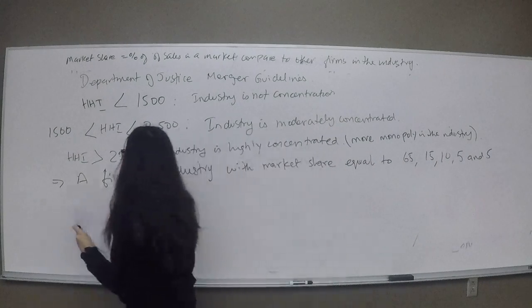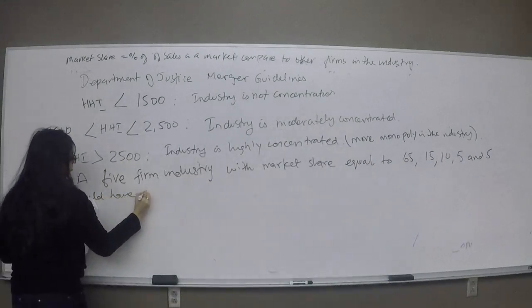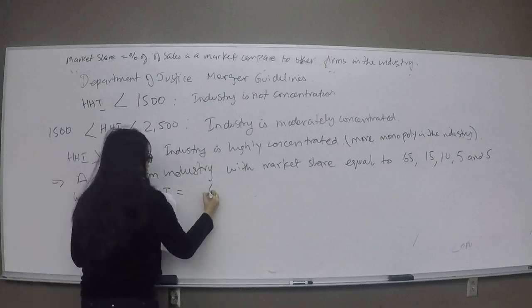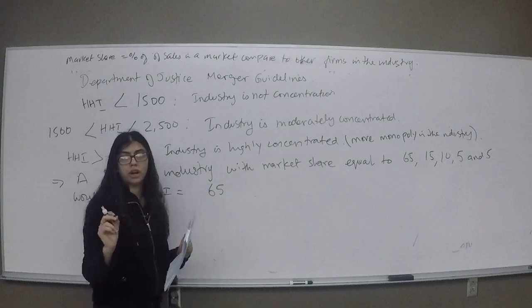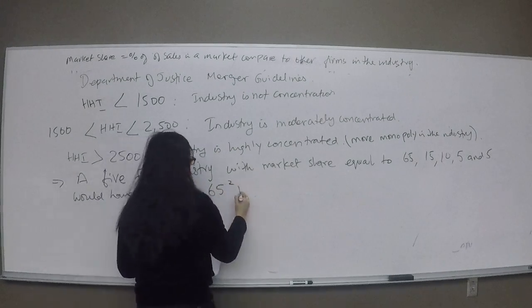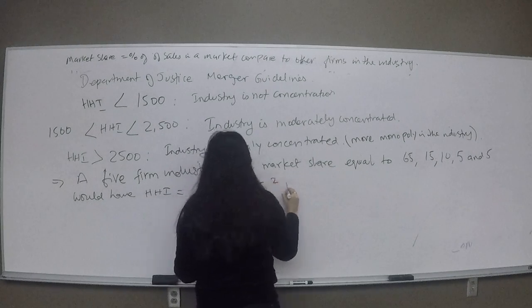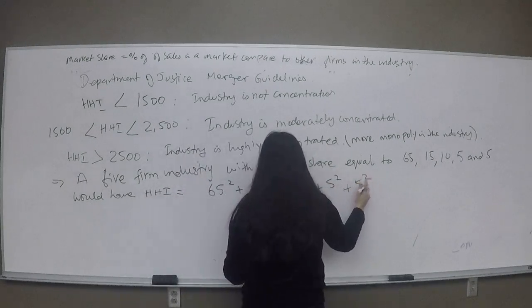What would the HHI be? The sum of squares of each market share: 65 squared plus 15 squared plus 10 squared plus 5 squared plus 5 squared.